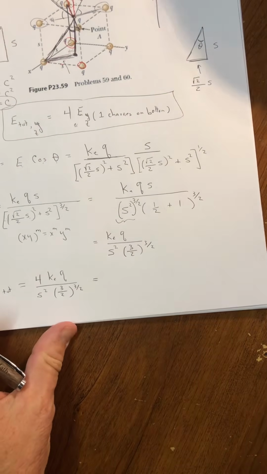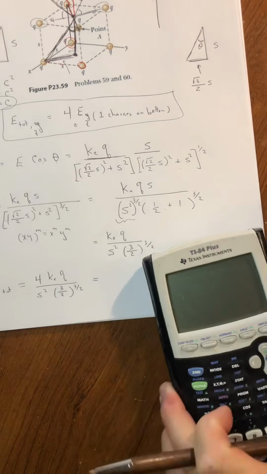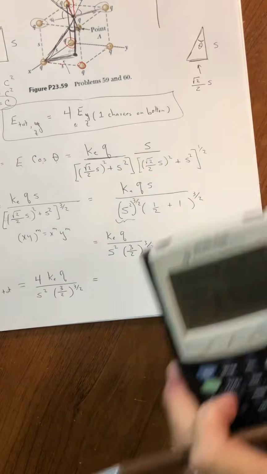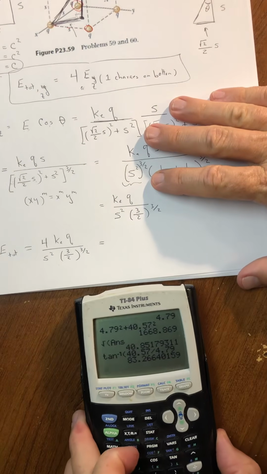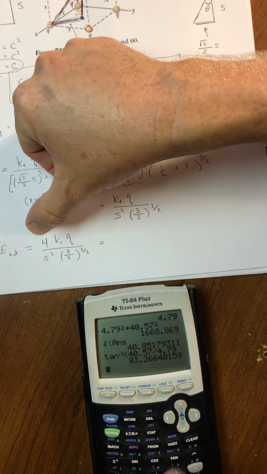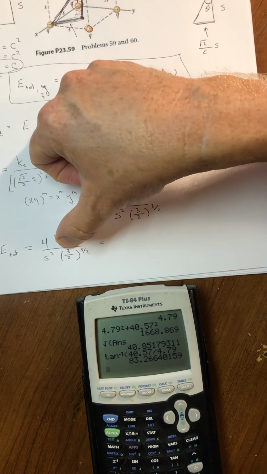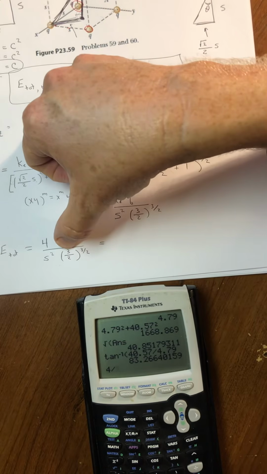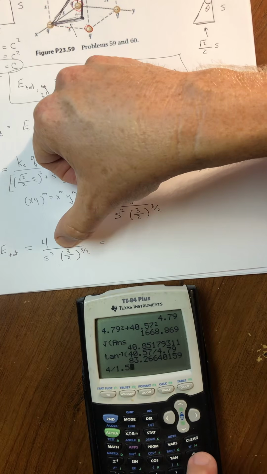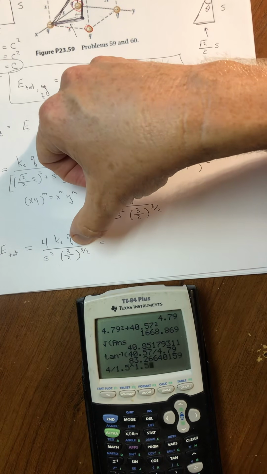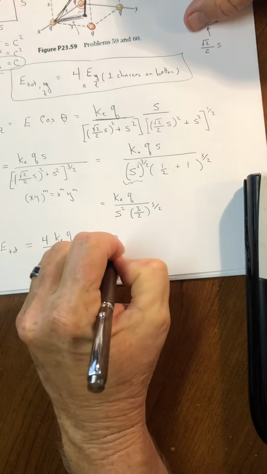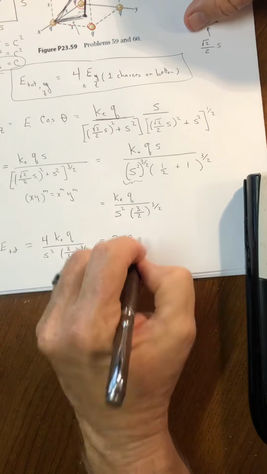And hopefully we have the correct number, because let's see what we get when we put the calculator here. There's the 4. Actually, let me do this harder one first. Well, now I'll just do it all in one shot. So there is 4 divided by, and I'll just write this as a decimal, 1.5 raised to a power of 1.5. And there it is, 2.18. So 2.18 are our numbers.